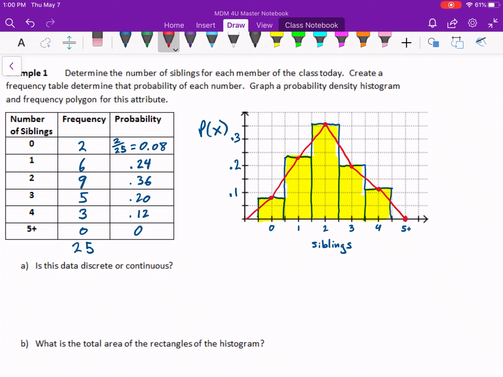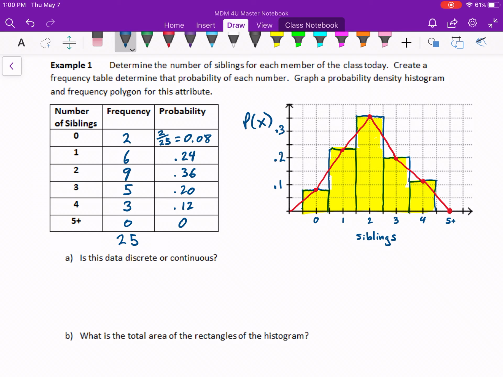Is this data discrete or continuous? All right, so getting away from the histogram for a minute, let's just think about the data. So in other words, number of siblings, am I counting that or am I measuring it? Another way of looking at it is, is it whole numbers, 1, 2, 3, 4, 5, or is it decimal or fraction numbers?